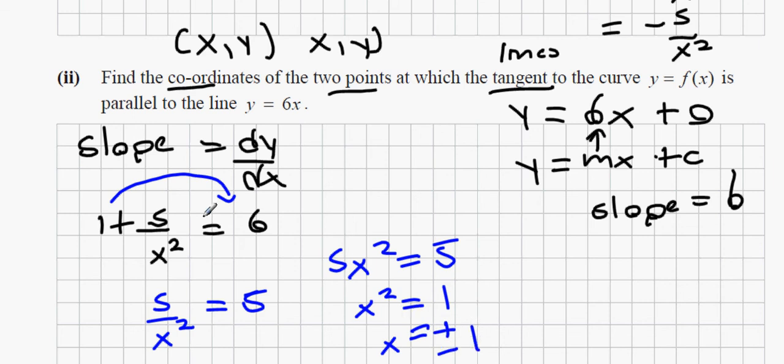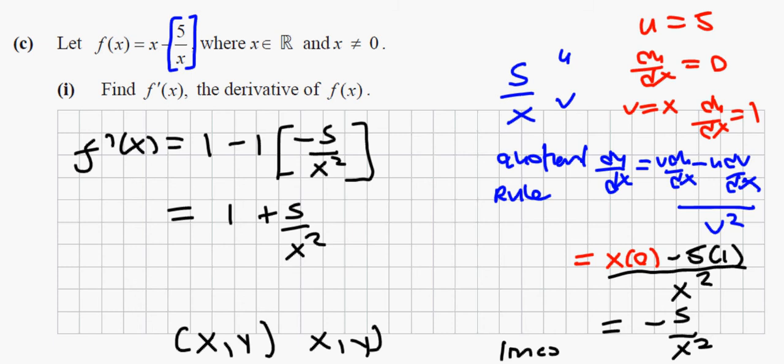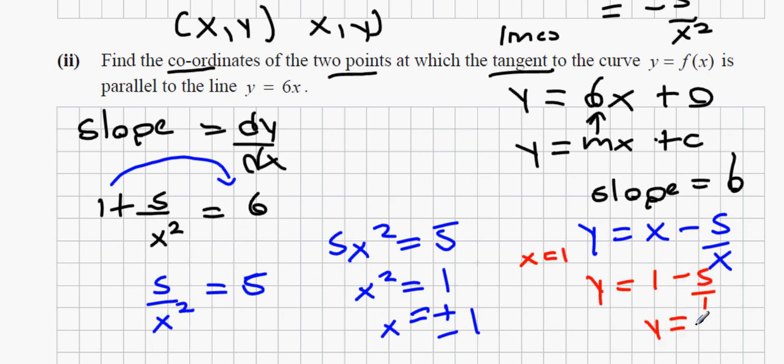Now, what we've got to do next is get y. Y is x minus 5 over x. So, we're going to test out both points. When x equals 1, it's 1 minus 5 over 1. Y equals minus 4.